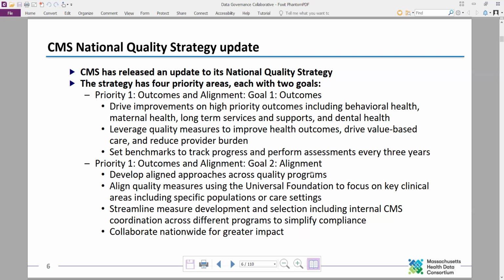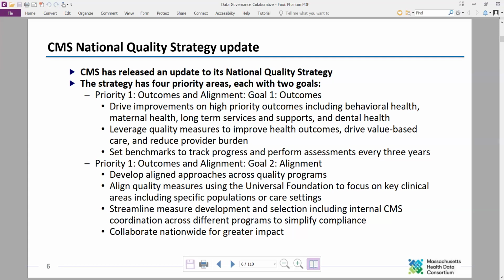They're also looking to use quality measures not just to improve outcomes, but also to drive value-based care and reduce provider burden. On the surface, reducing provider burden might seem like a bit of an oxymoron in the context of quality measures, because dealing with quality measures is a bit of a burden.